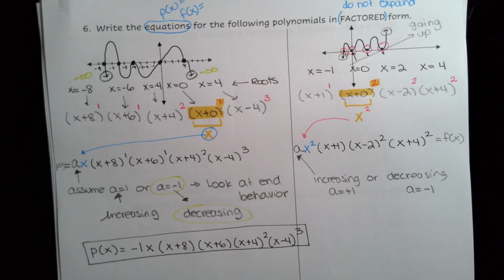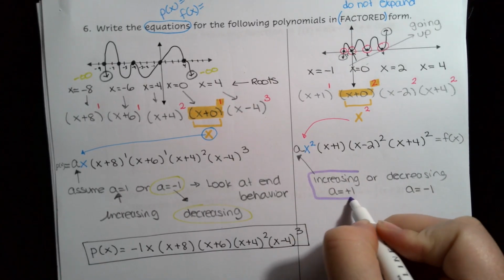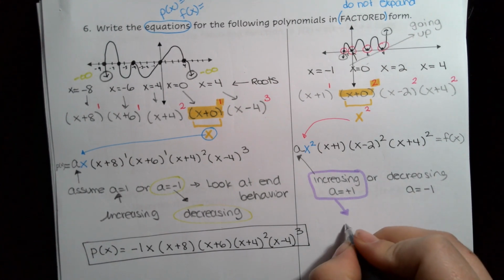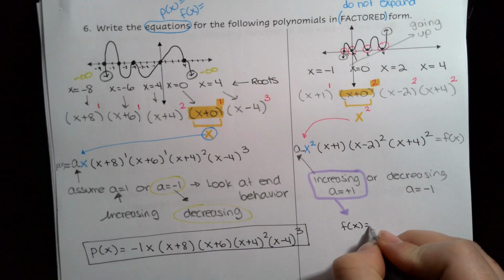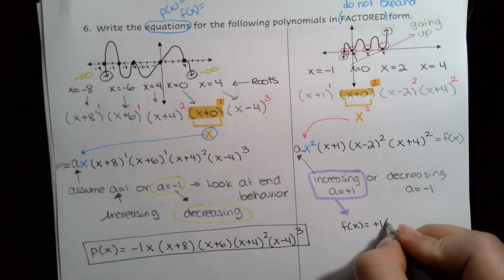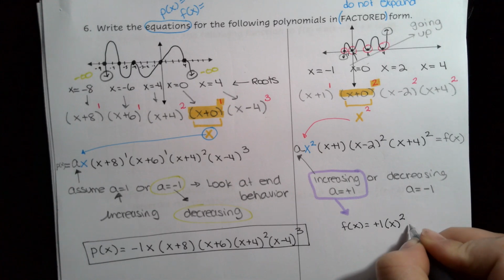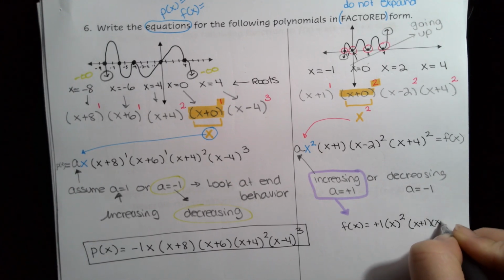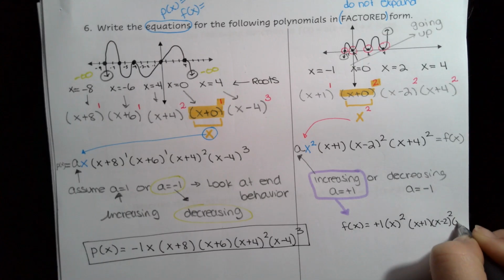So we have an increasing function. So to write our final answer, we're calling this f of x is equal to a positive 1, open, x squared, x plus 1, x minus 2 squared, and x plus 4.